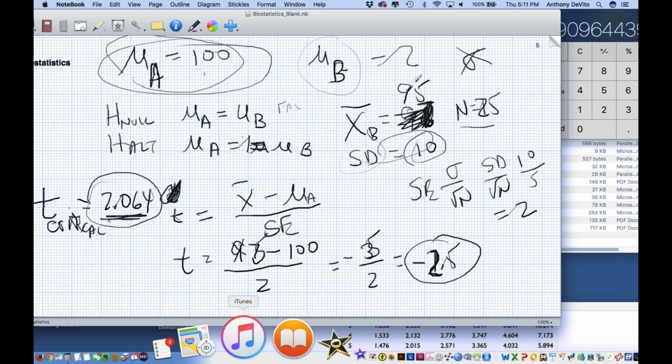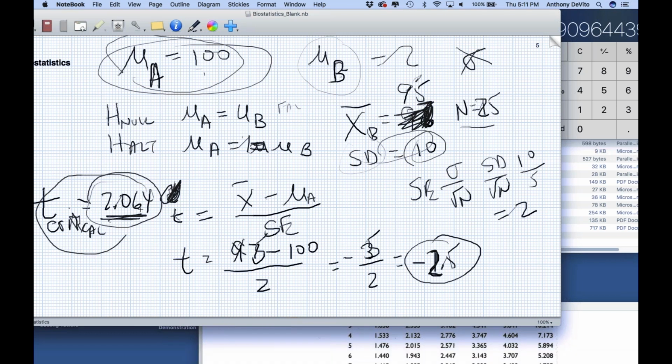My t-value is bigger than the critical value of t that I need for that sample size, so now I can reject the null hypothesis and reject the idea that they're equal, and accept the alternative hypothesis that the mean blood pressure for population A is not equal to the mean blood pressure for population B. Okay, and that's as hard as this gets. You can do exactly the same thing with proportions. The only difference is that there are p's instead of x bars.